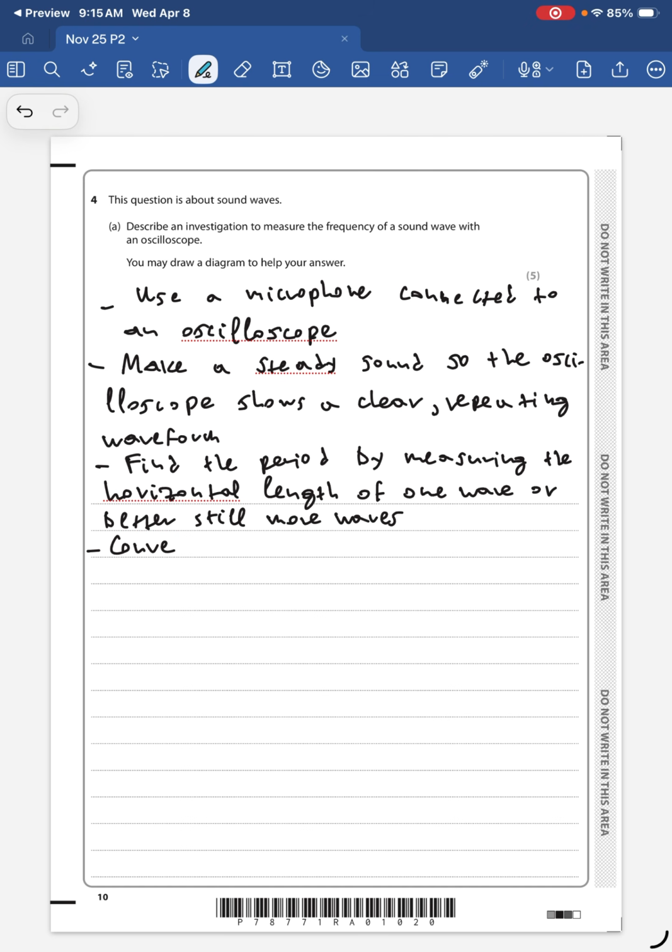Convert the number of squares into time using the time scale.